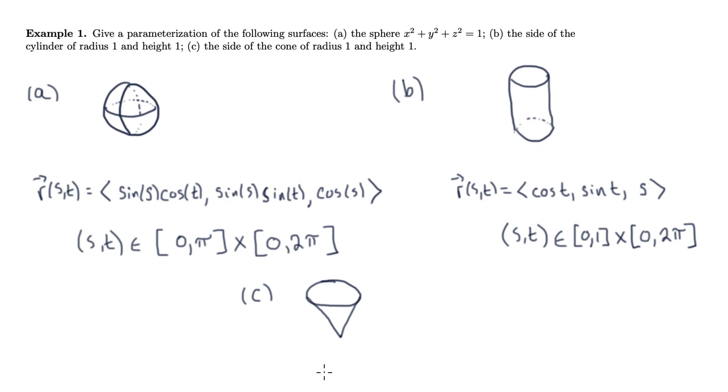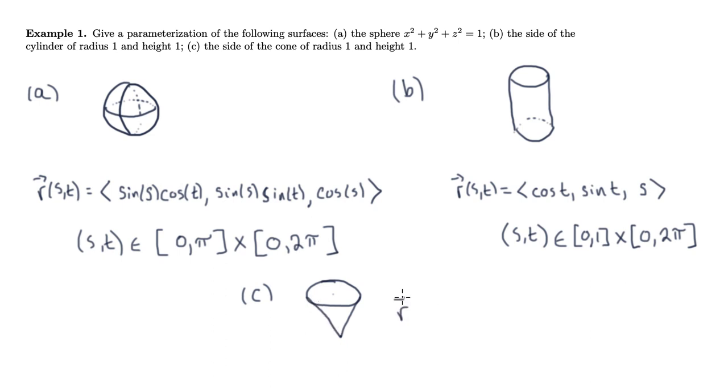But now the radius of the circle is going to depend on the z coordinate, or the height. So if I let s be the height, so if this is s equals 1 at the top and s equals 0 at the bottom, when s is 0, the radius is 0, and when s is 1, the radius is 1, and then I'm just increasing in one-to-one correspondence.